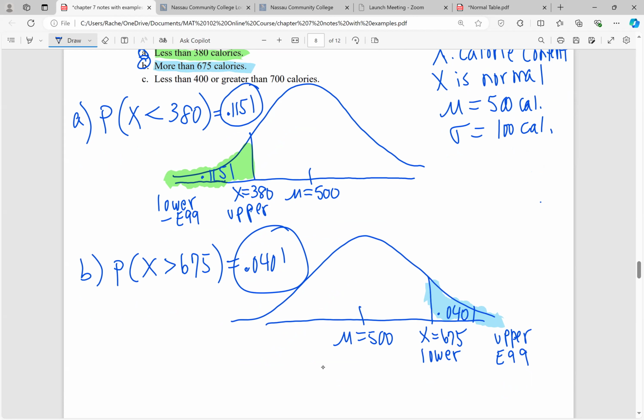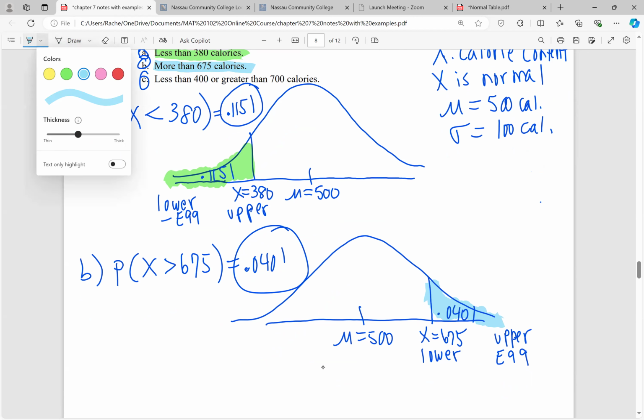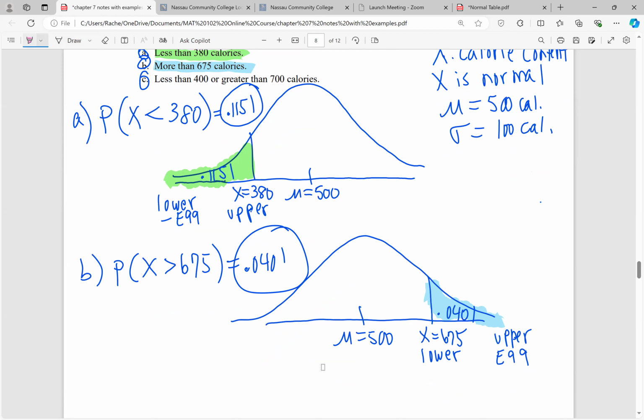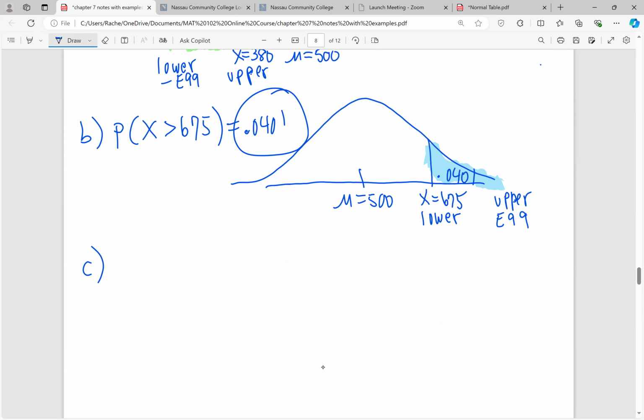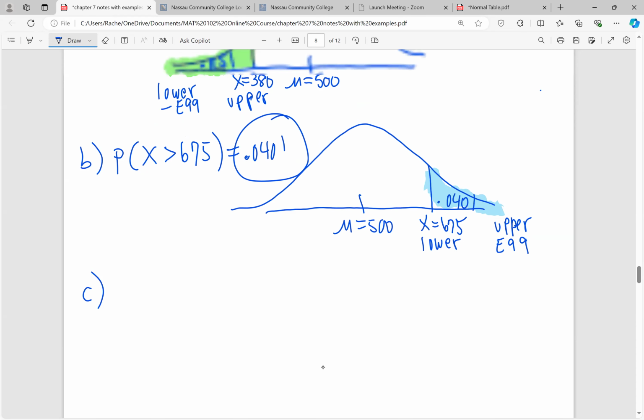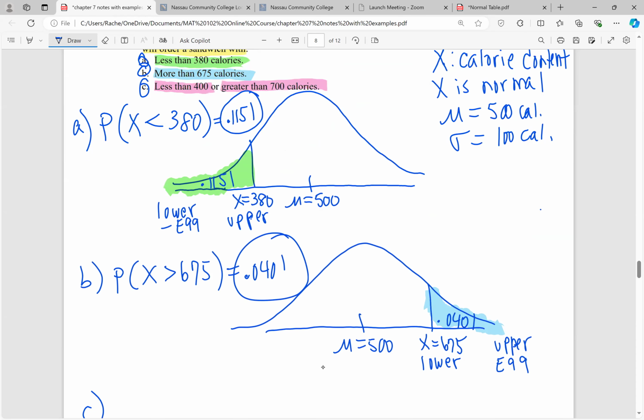And then let's look at part C, the last part. We want to find the probability that the calorie content in a sandwich is going to be less than 400 or greater than 700 calories. So there's an or statement here. It could be one or the other.